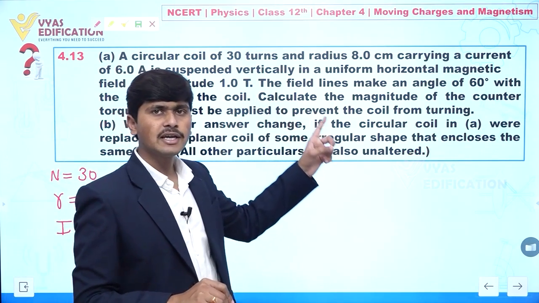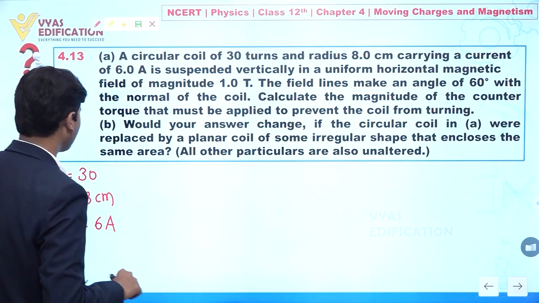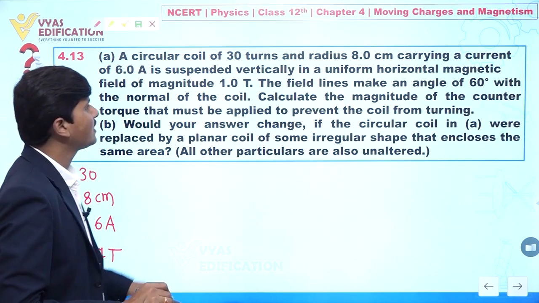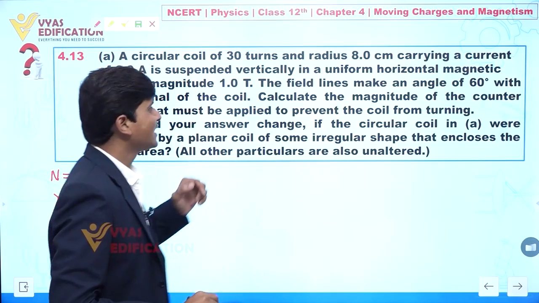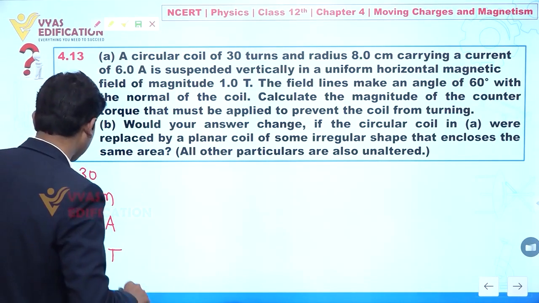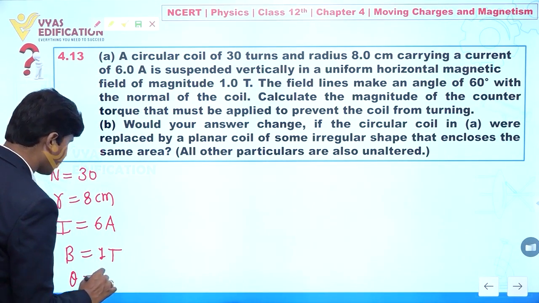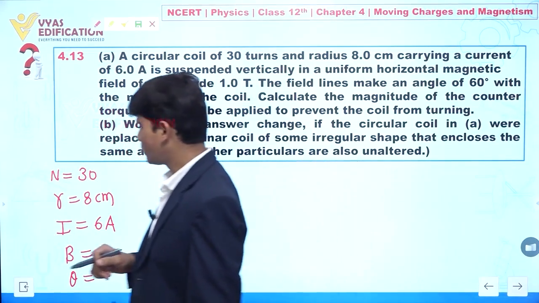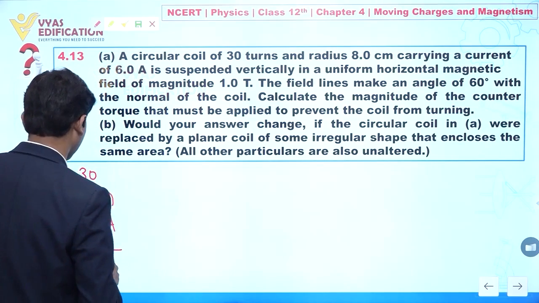It is suspended vertically in a uniform horizontal magnetic field having value B, which is 1 Tesla. Field lines make an angle of 60 degrees with the normal. It means the angle theta between the area vector and the magnetic field is 60 degrees, clear?